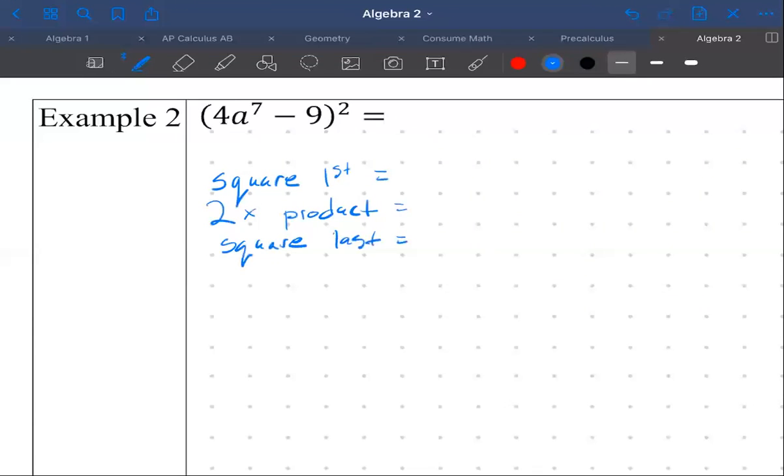Okay, let's square the first. That means I have 4a to the power of 7, and I'm going to square it. Who can help me with that? It's very similar to what Jose did. Jose, sorry, you already did the last squaring one. Squaring the first, how do we do that? 4a to the power of 7 squared.